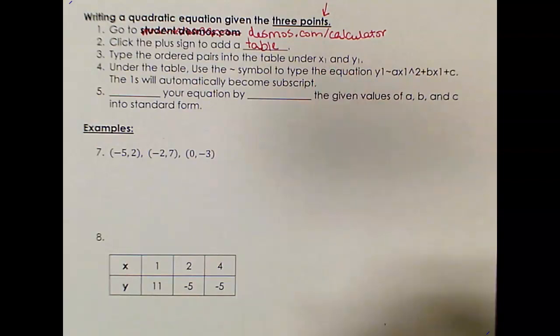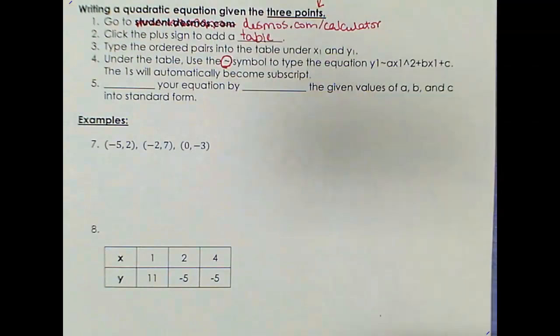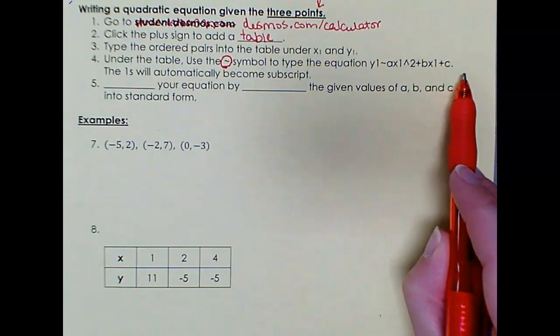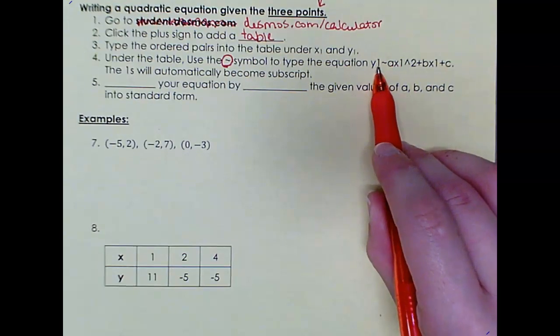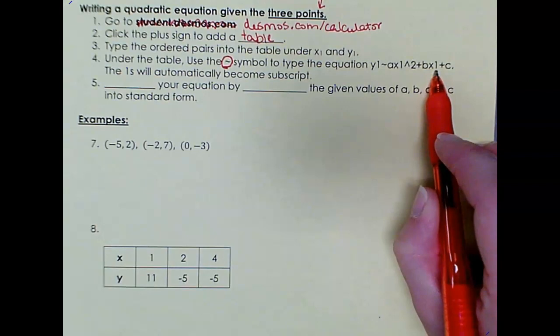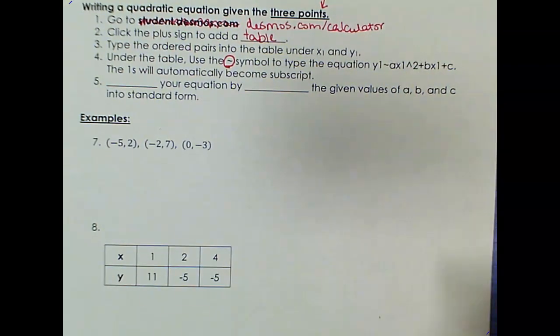And under the table, use this symbol on your keyboard to type this equation. Now, it looks very much like standard form, except we've got y1 instead of y. We have x1 here and x1 here instead of x. And then we have this little kind of squiggle here instead of the equal sign.